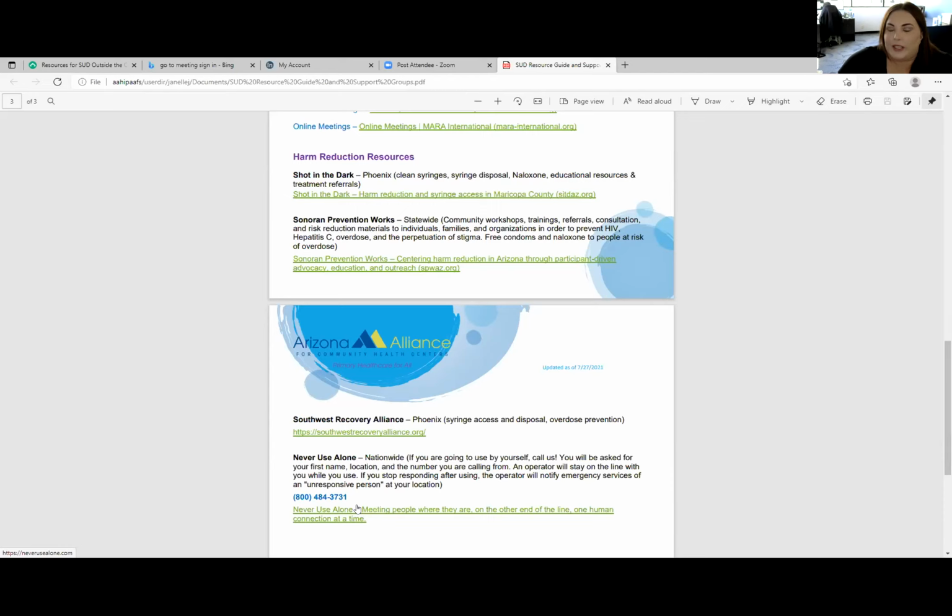It's run by volunteers, and someone will sit on the phone with the patient while they use. If they're not responding to the person on the phone, then the person on the phone will contact emergency services and report that there's an unresponsive person.